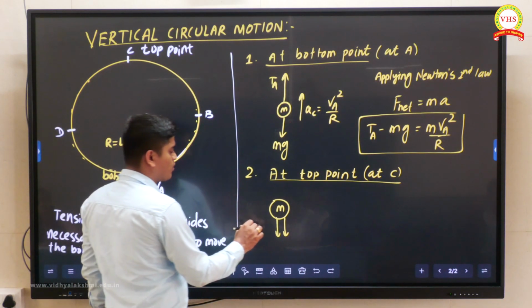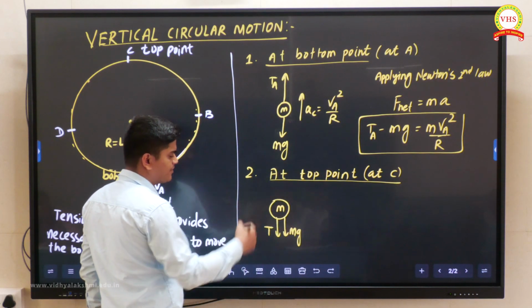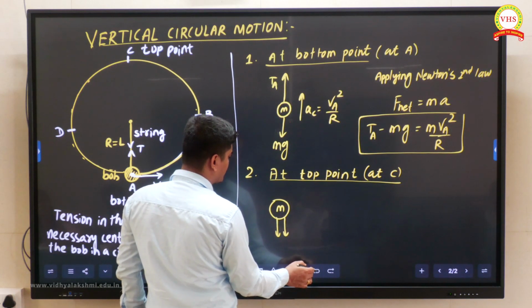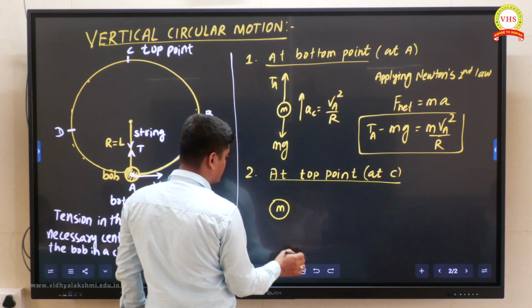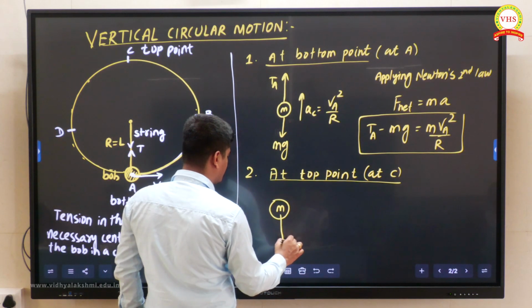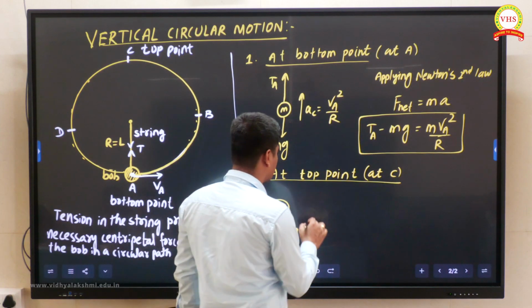What are they? One is tension in the string and another is mg. Tension and mg both act, and they provide the necessary centripetal force. Both forces act in the same direction.